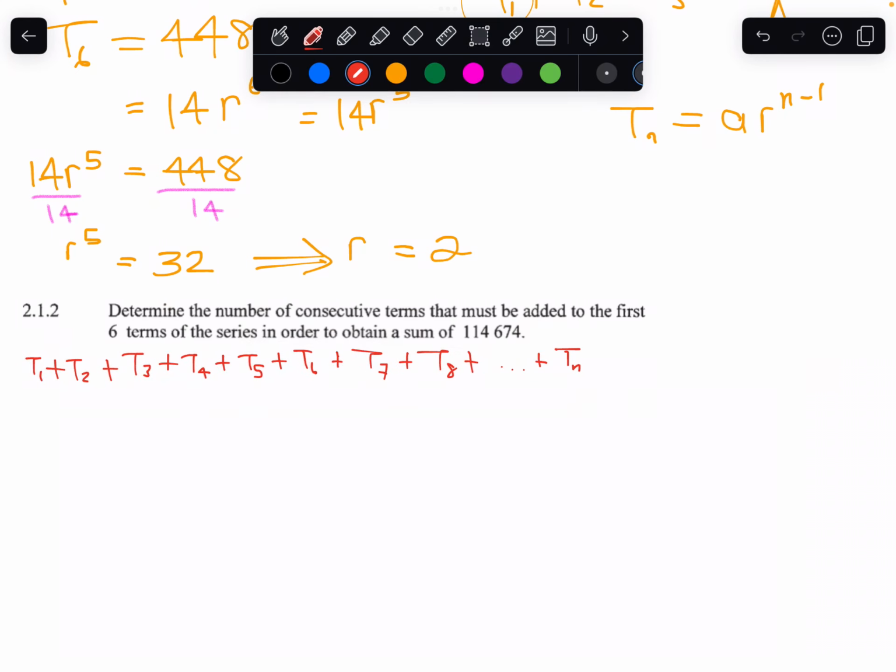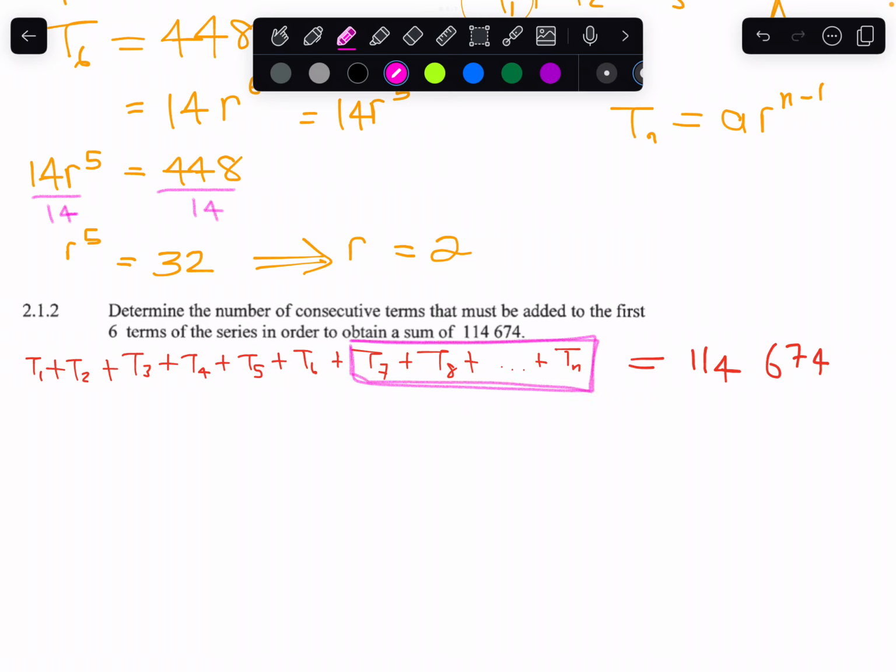We want this to equal 114,674. We need to figure out how many terms we are adding on.